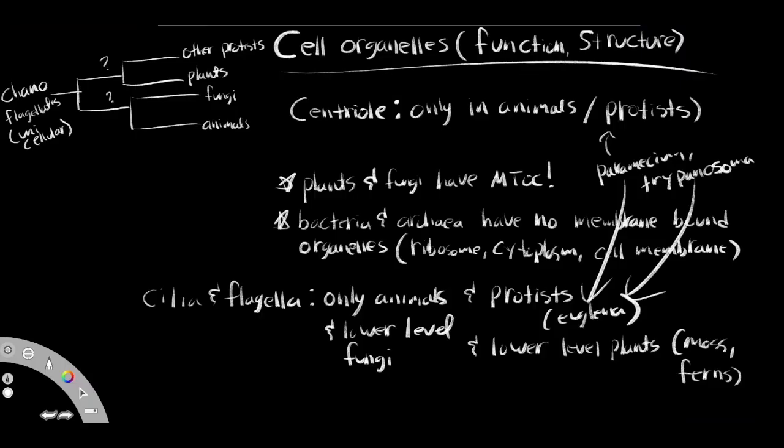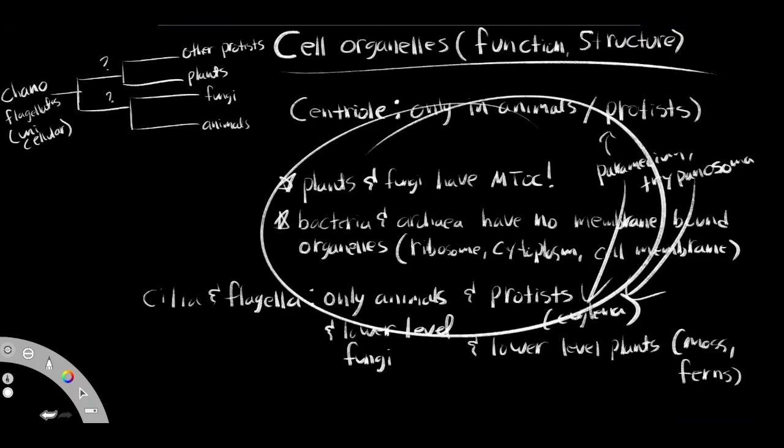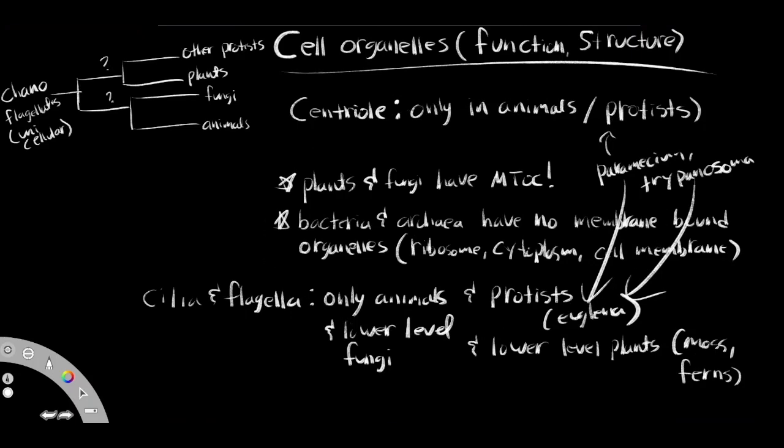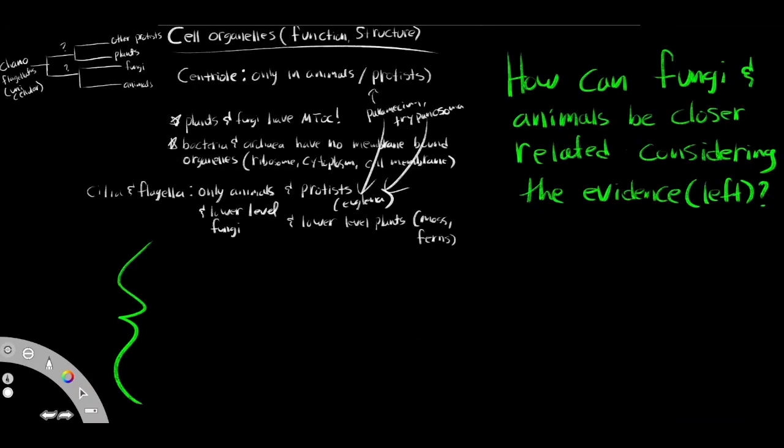Now, the pressing question after writing all of this down, take a moment to read through it and answer this question in your head. How can fungi and animals be closer related considering the evidence on the left? So what do I mean by that? When we looked at over here, we saw that only animals and the protists have a centriole.